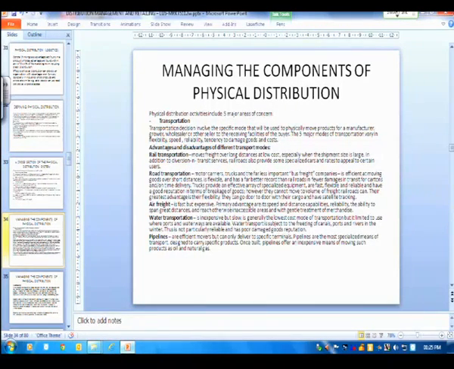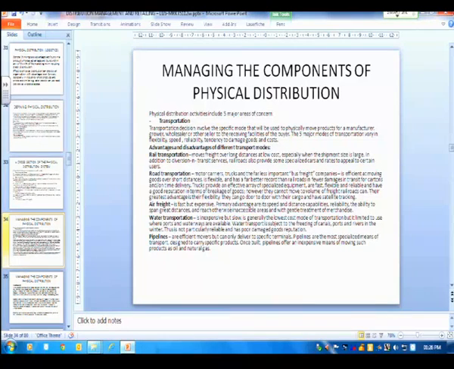Let's look at managing the components of physical distribution. Physical distribution activities include 5 major areas of concern. The first one is transportation.